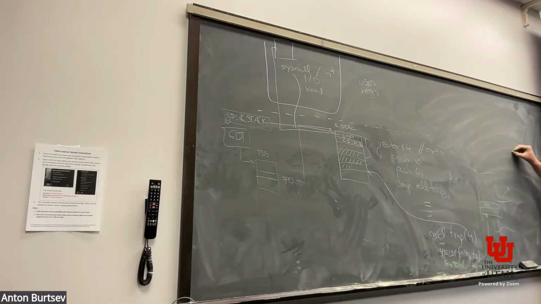Again, maybe at some point something was happening, there was alltraps, and then there was a trap handler, and at some point someone called yield, and yield called switch, right?